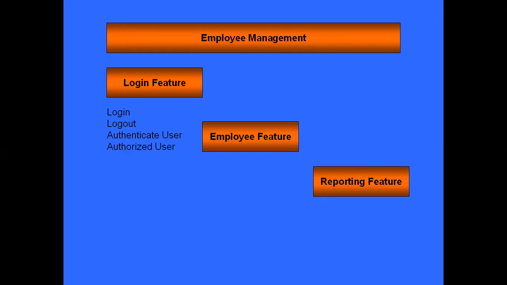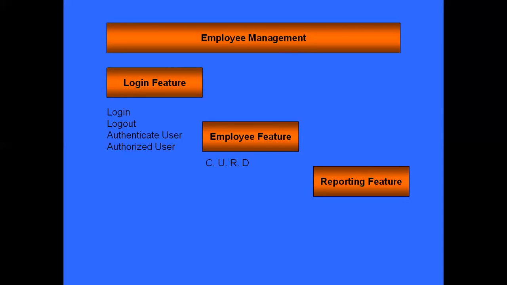Similarly, what can the employee feature have? Simply all the CRUD operations we can include under the employee feature, correct? There will be a component through which we can create employees.